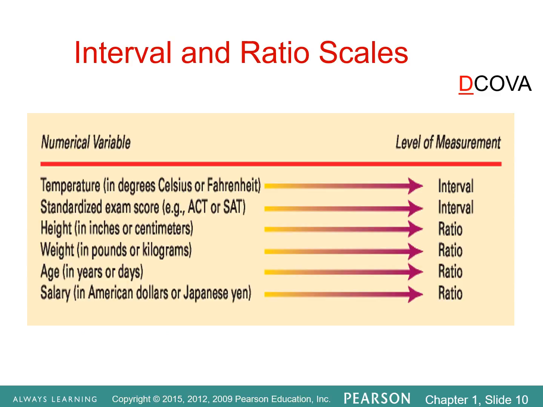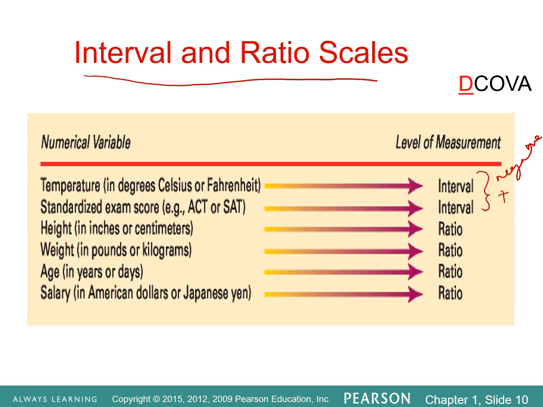So okay, let's talk about some examples of interval and ratio scales. Okay, so again, interval scales, there's no true bottom, meaning there can be negative values and positive values. Okay, so for example, in temperature, minus 54 degrees is just as valid as a positive 54 degrees.